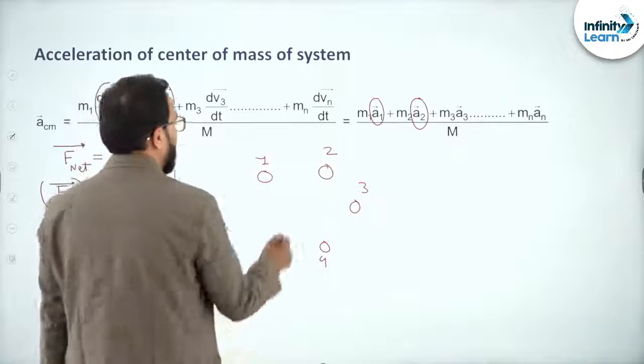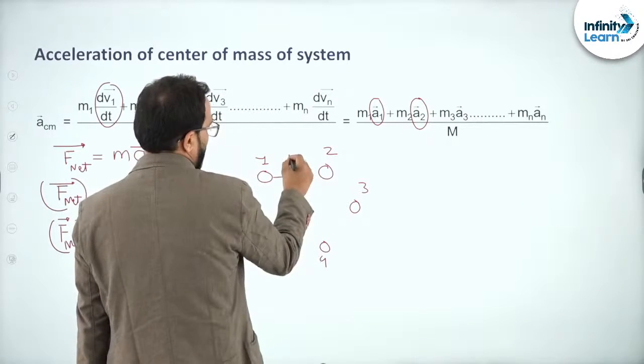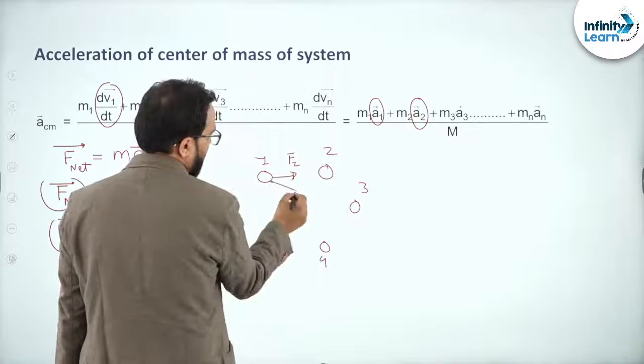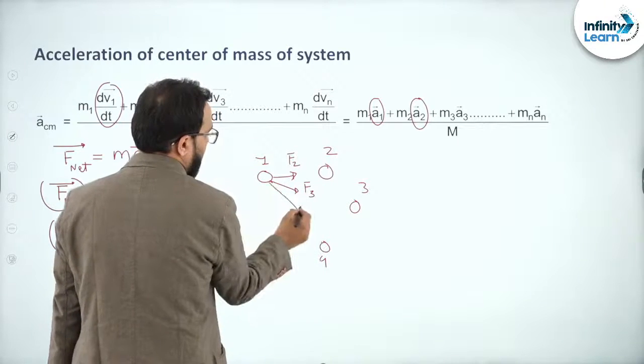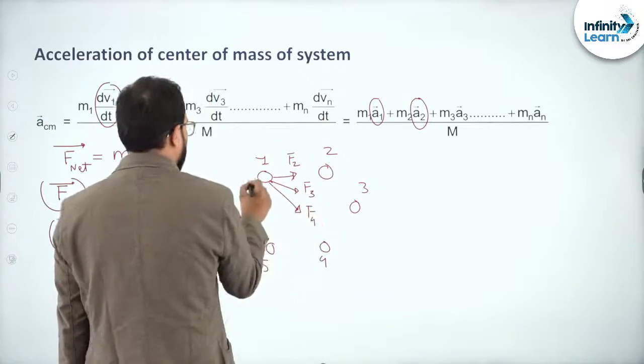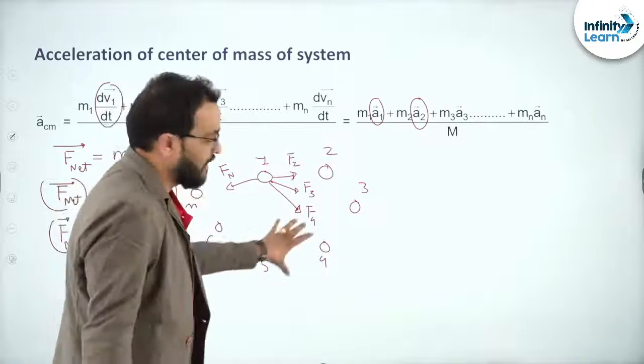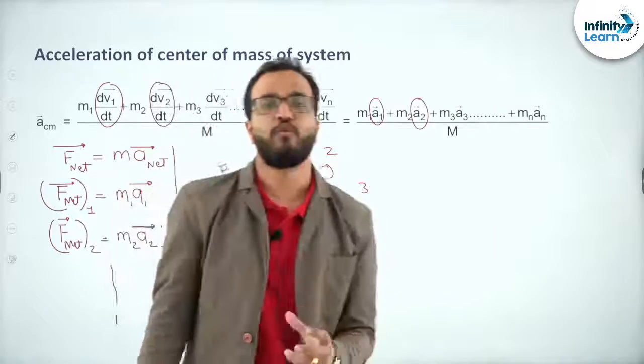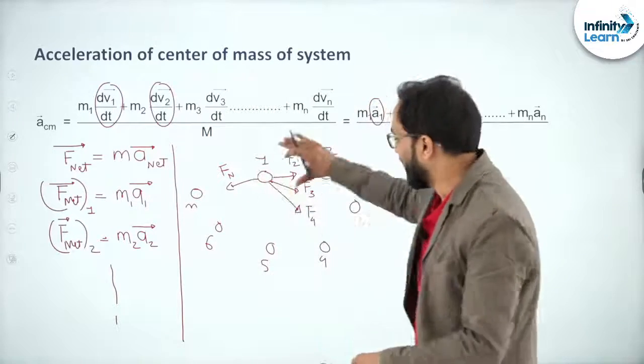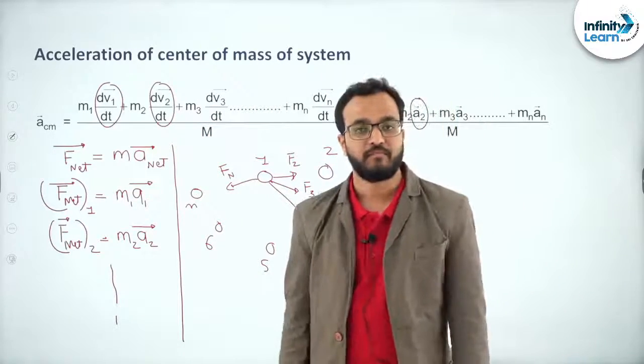So it might be pulled or pushed by the second particle, the third particle, the fourth particle, up till the nth particle. Can you see that? So these are the interaction forces of the first particle with the remaining particles of the system, right.